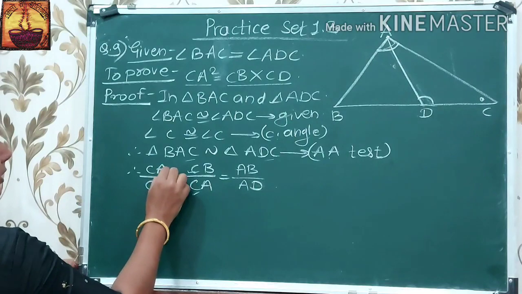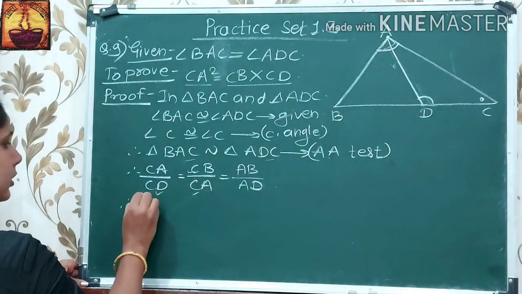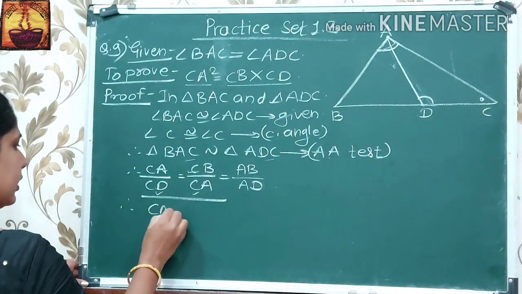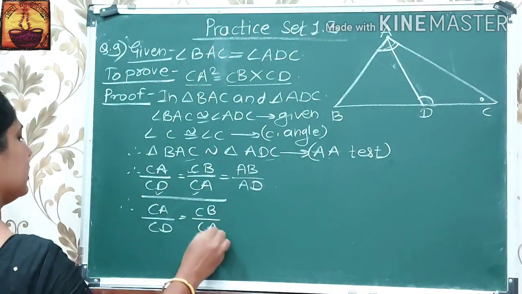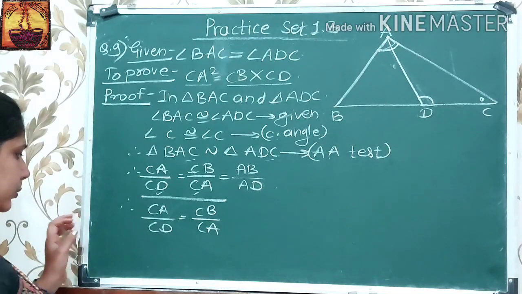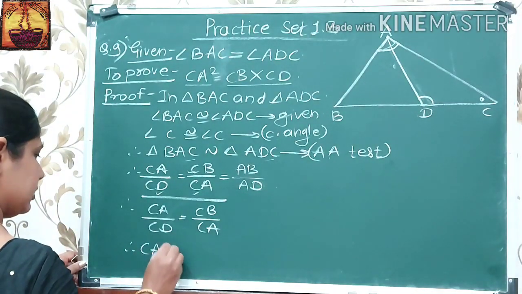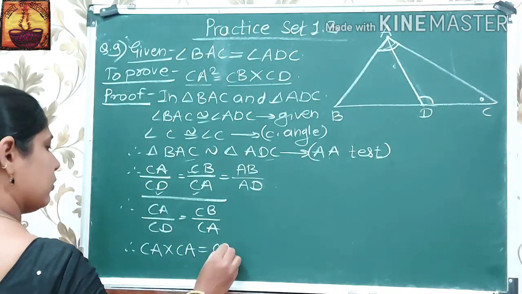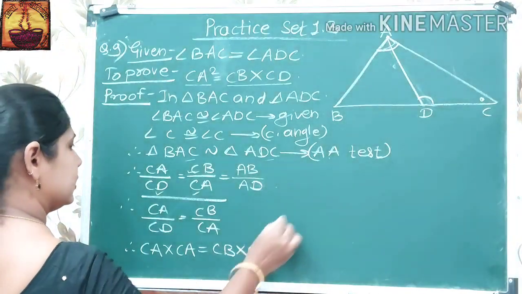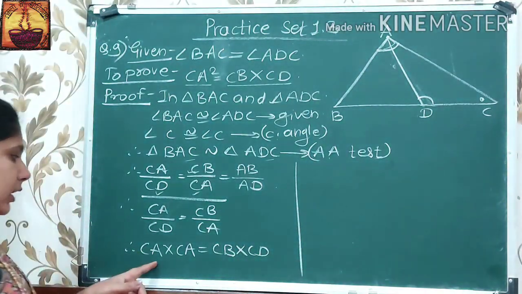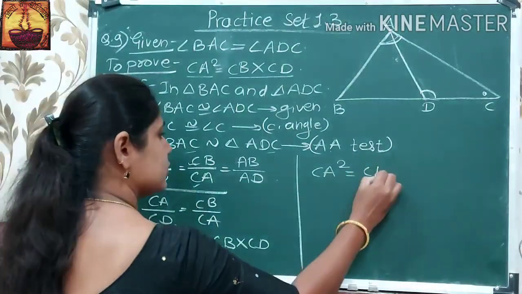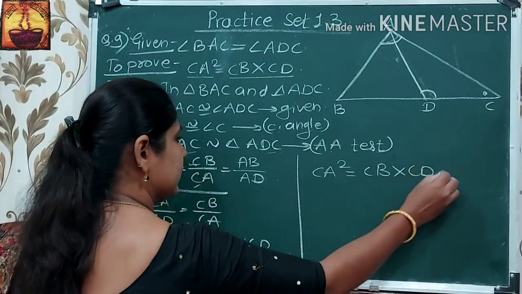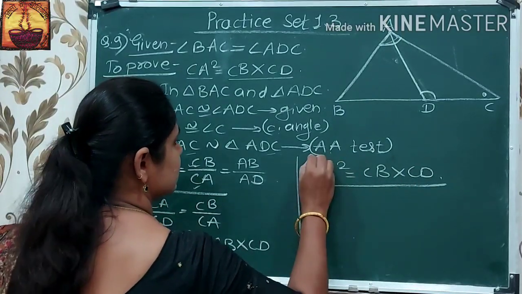Therefore, we take here these two ratios. CA upon CD is equal to CB upon CA. After taking cross multiplication, CA into CA is equal to CB into CD. Therefore, write here CA into CA is CA square is equal to CB into CD. Hence, it is the proof.